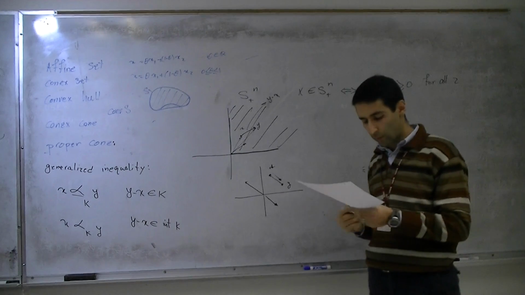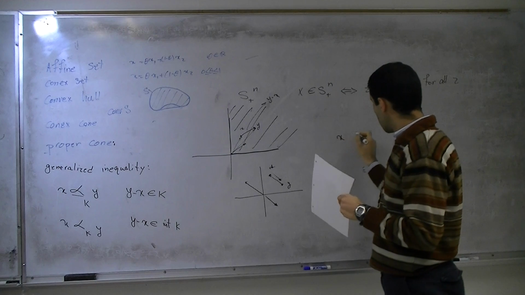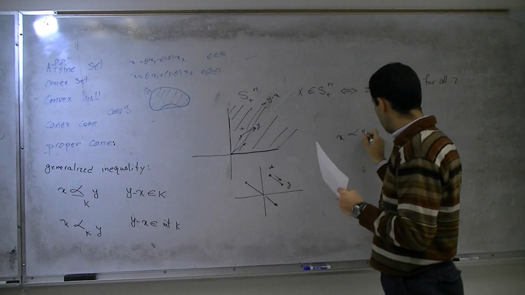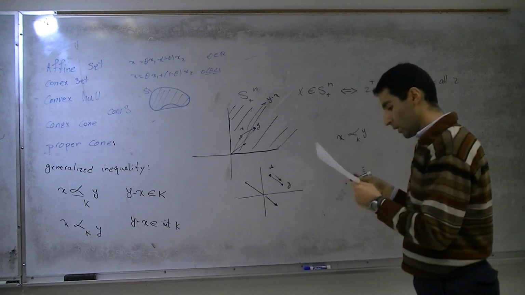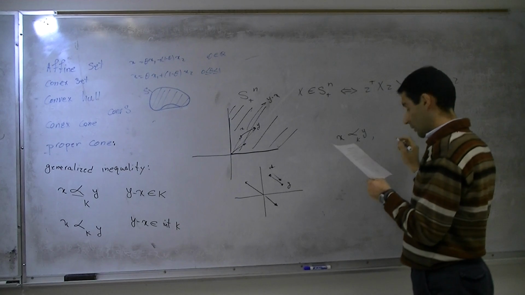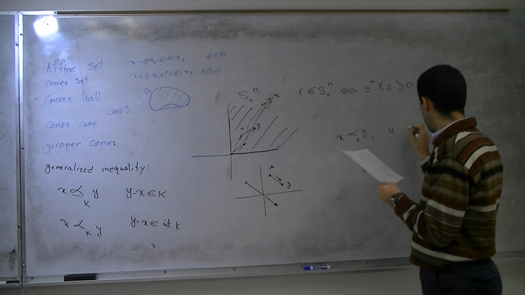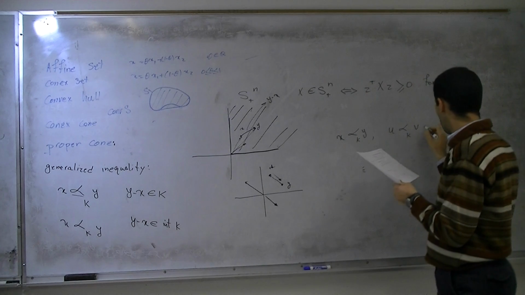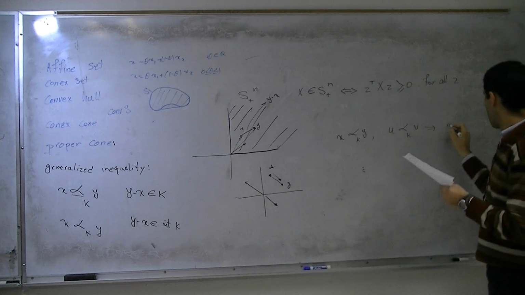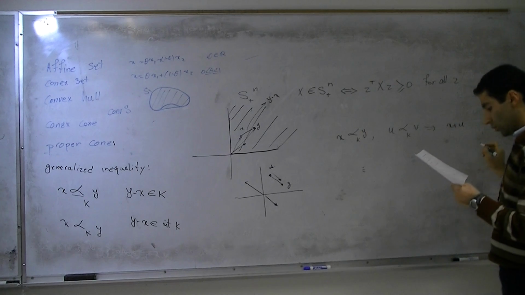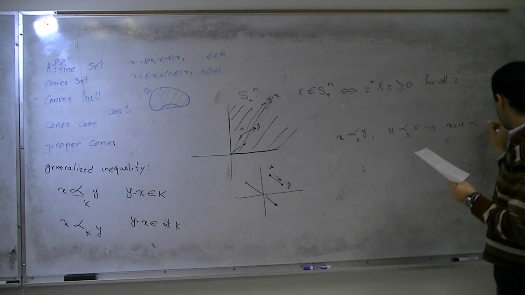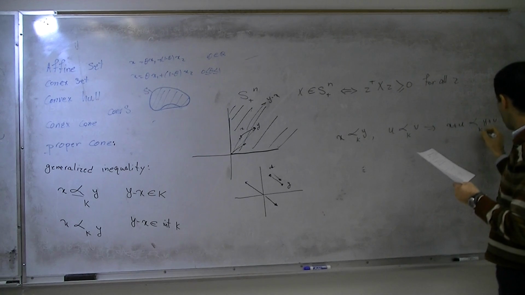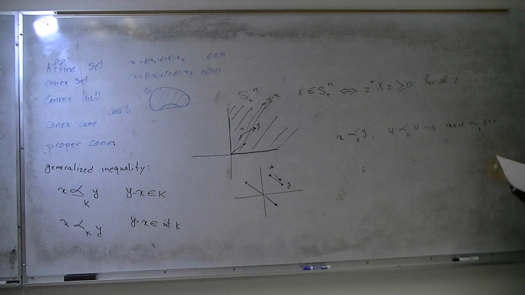For example, if x is less than y by K and u is less than v by K, we know x plus u is less than y plus v, something that we have in ordinary inequalities.